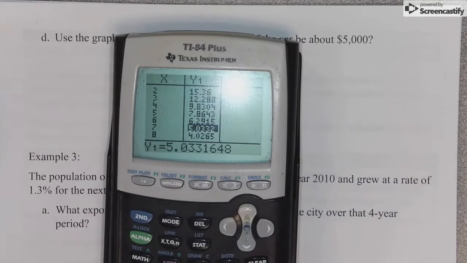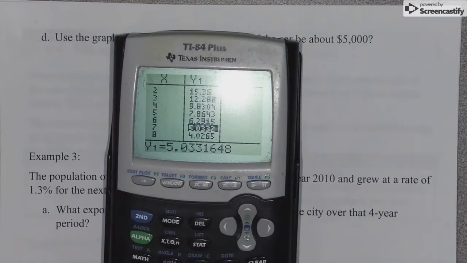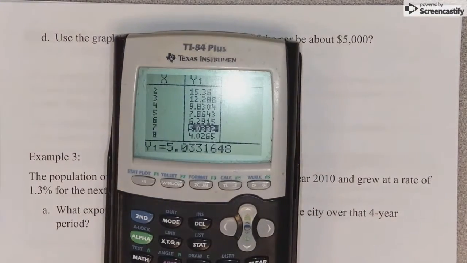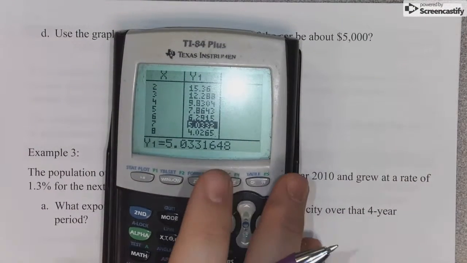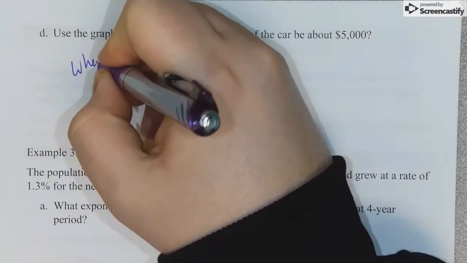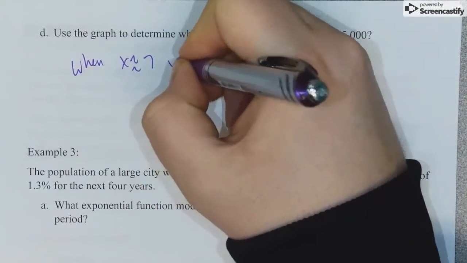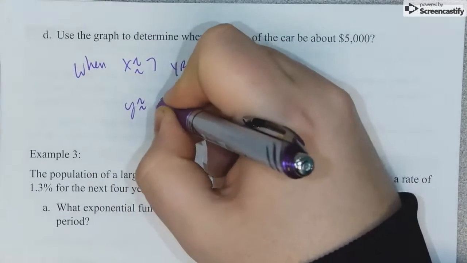So we'll say that when X is approximately 7 years, Y is approximately $5,000.